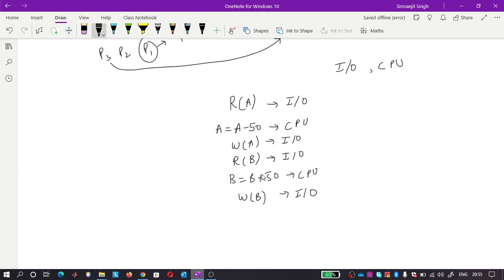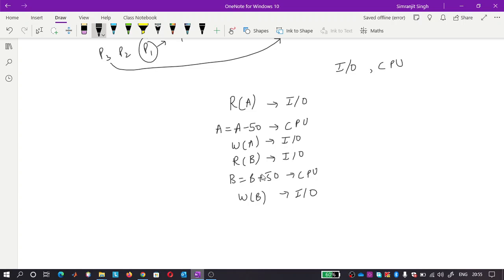So most of the operations in this particular transaction are IO operations. It means that CPU may sit idle for most of the time because there is no need for CPU. CPU is only needed 2 times, but IO is needed 1, 2, 3, 4 times.